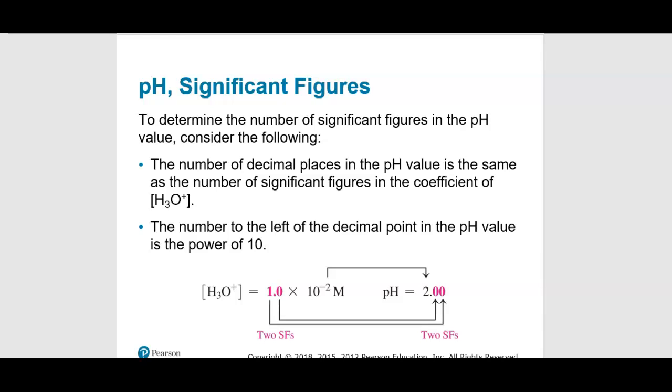As far as scientific notation goes, the power of 10 does not determine the number of significant figures. It only determines what the number is to the left of the decimal point, and that's pretty much it.